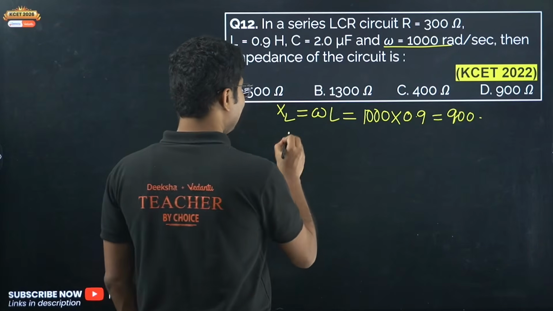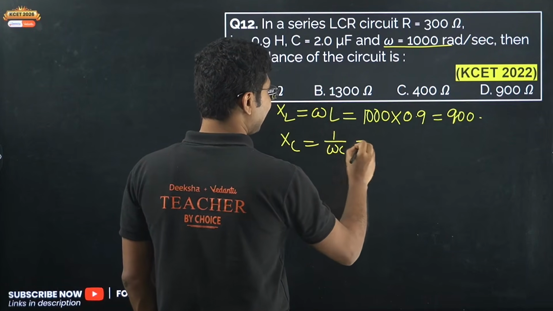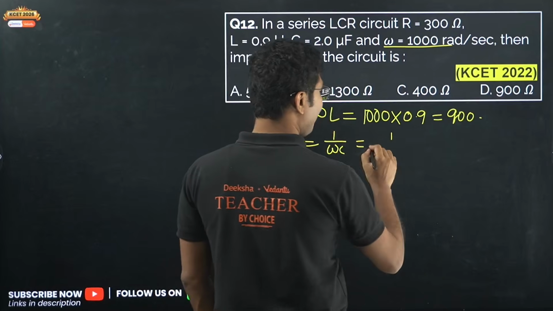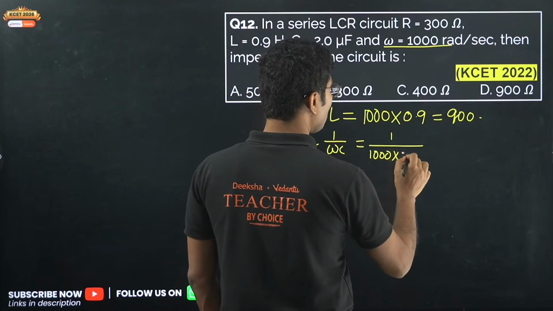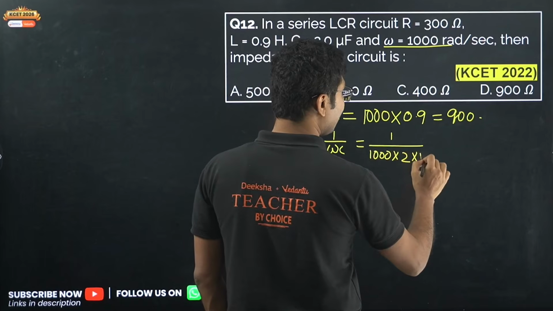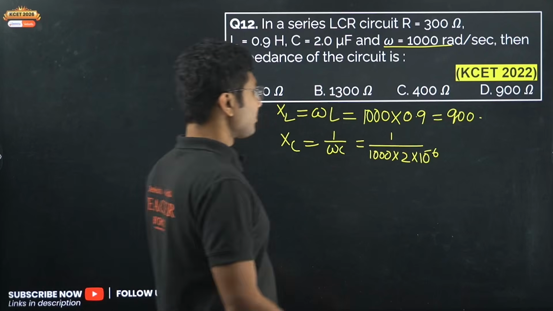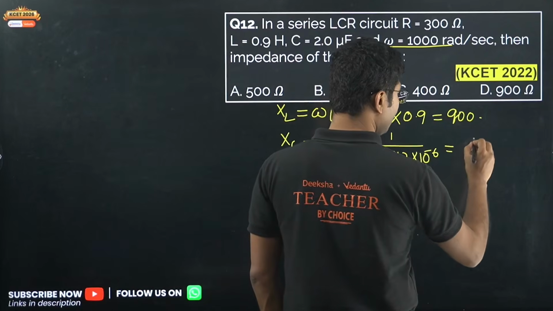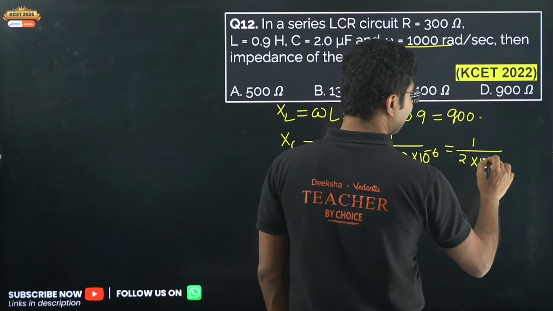What about XC? XC is 1 by omega C. That is 1 by omega, which is 1000, and C is 2 microfarad. Micro means 10 to the power of minus 6. So this will be 1 by 2 into 10 to the power of minus 3.